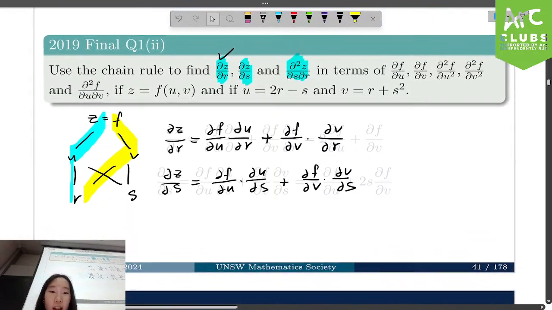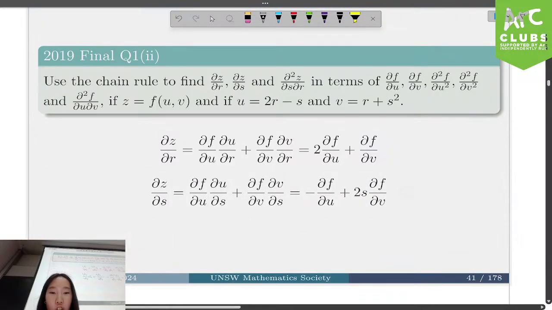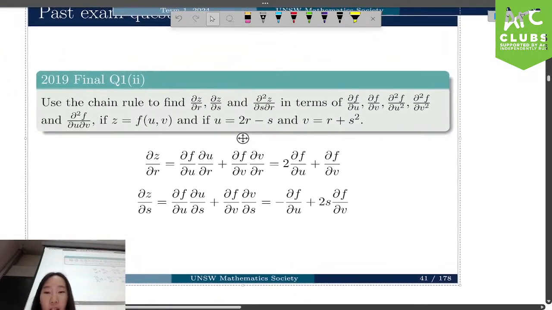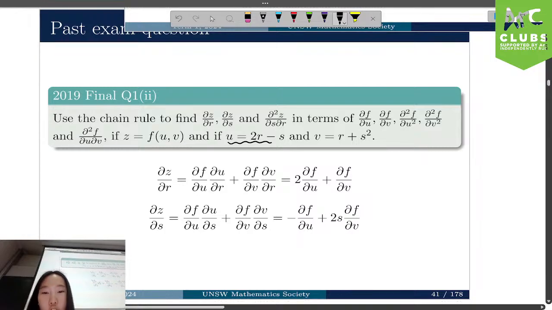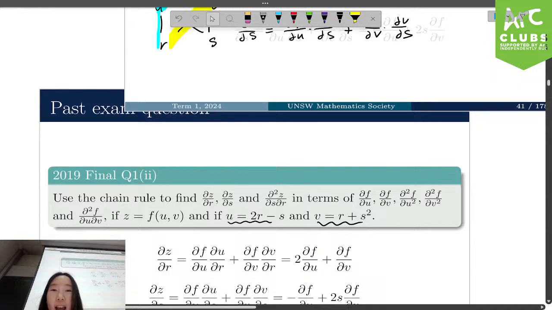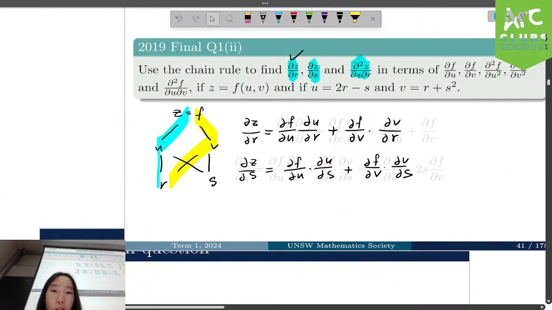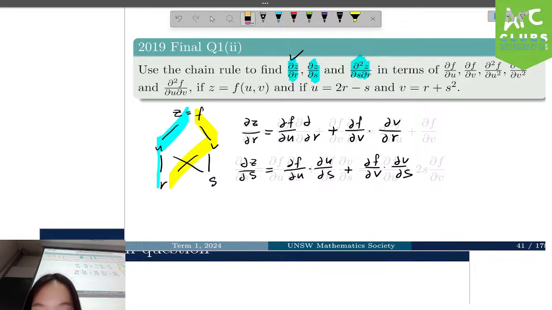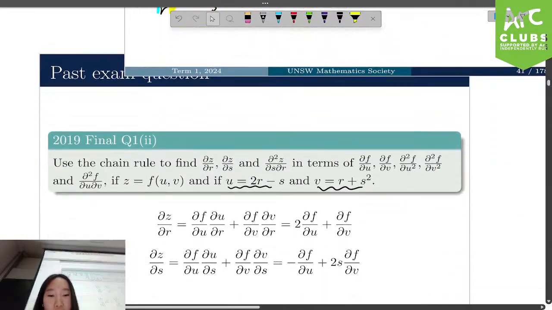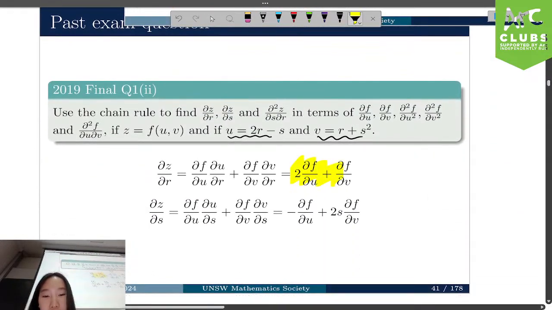So those two are not very hard, and if you plug in u equal to 2r minus s, and v equal to r plus s squared, and differentiate this part, nice. So that's u. If you simplify that, you can get the following. Similarly, you can get the following.